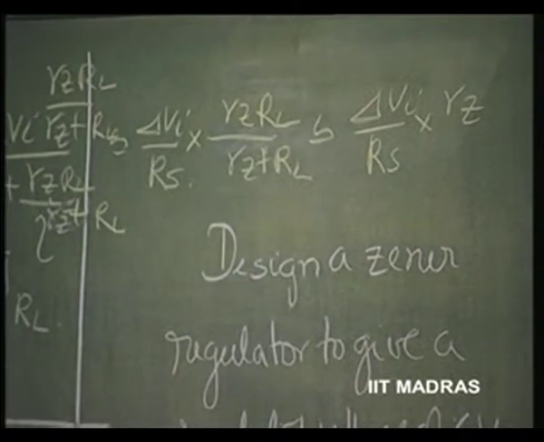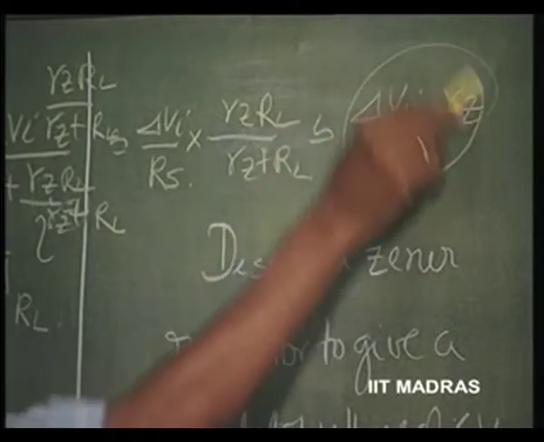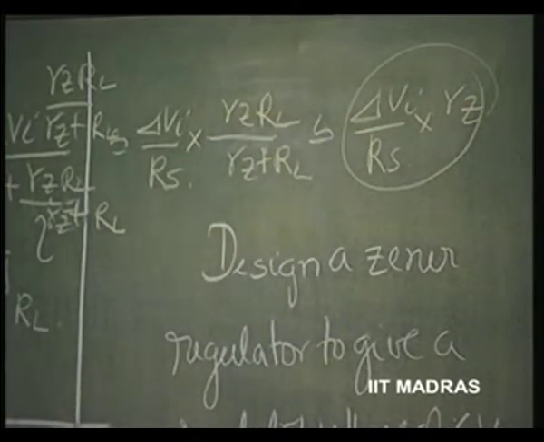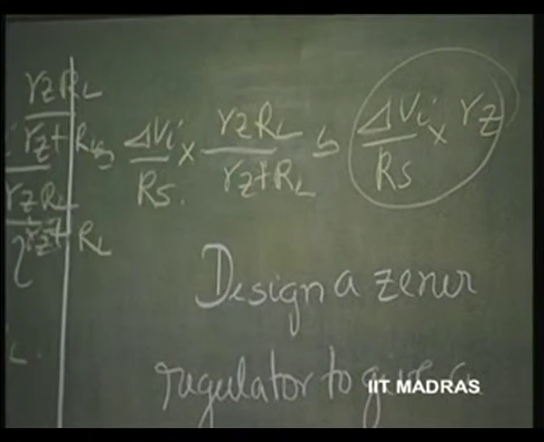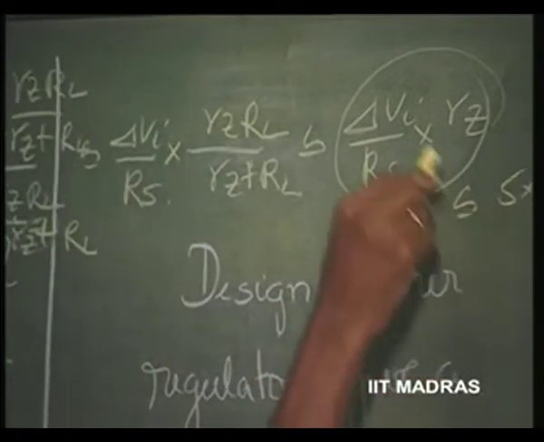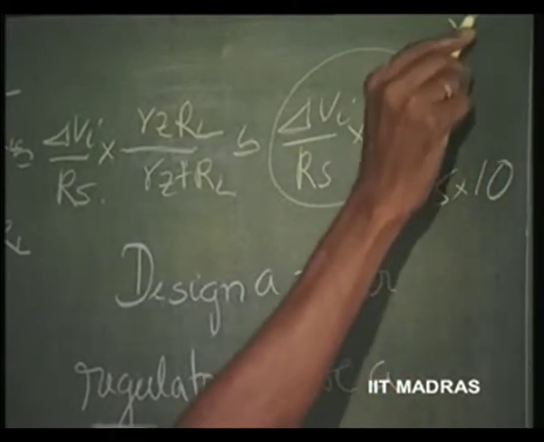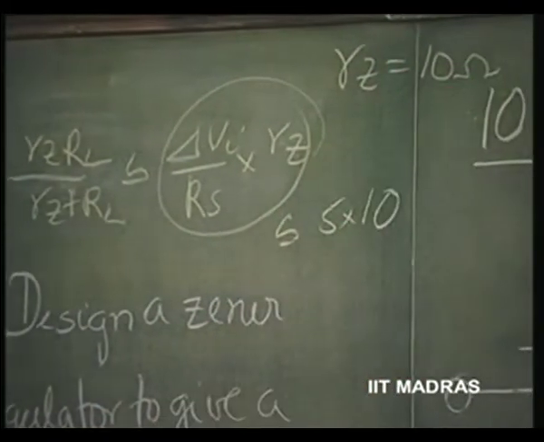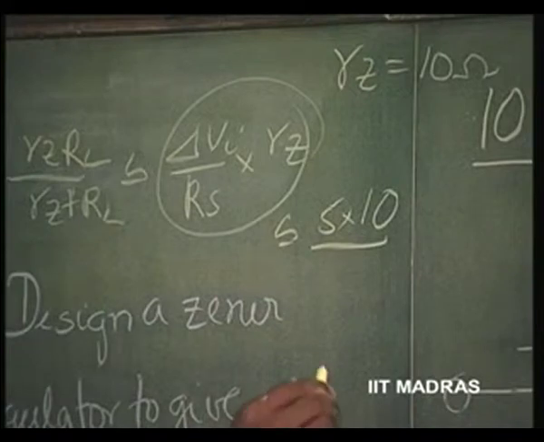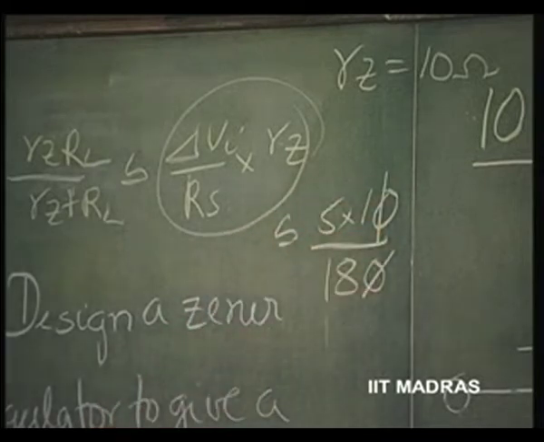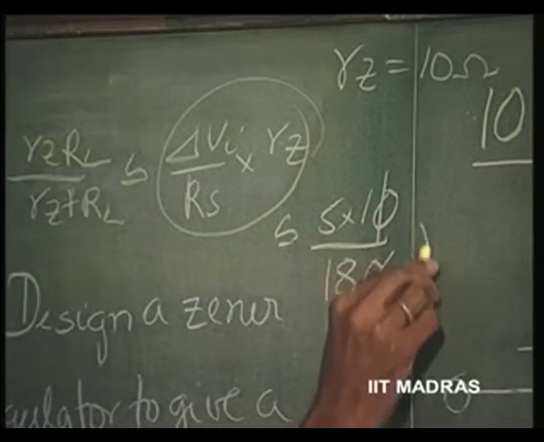So, you can see the change in voltage here, typically let us see in this problem that we have chosen, the change in voltage is 5 volts. So, for a 5 volt change in voltage, let us say Rz is 10 ohms. This must be given by the manufacturer. What is the typical value of Zener resistance? The manufacturer will tell you for this kind of Zener around the operating point what the Zener resistance is, 10 ohms let us say, divided by Rs in this case, 180 ohms. So, you can see that the voltage is simply 5 by 18 volts.